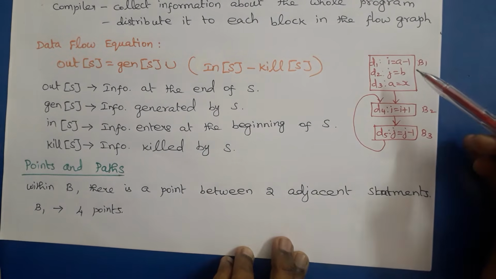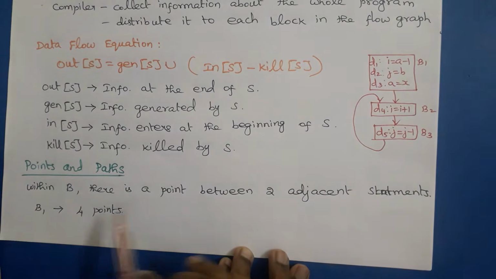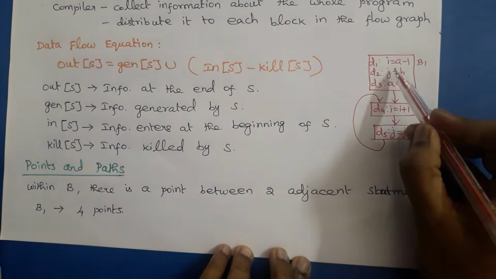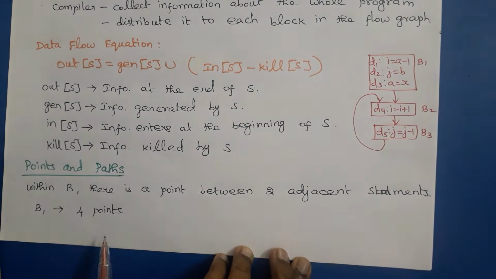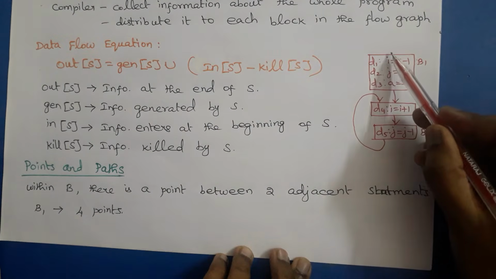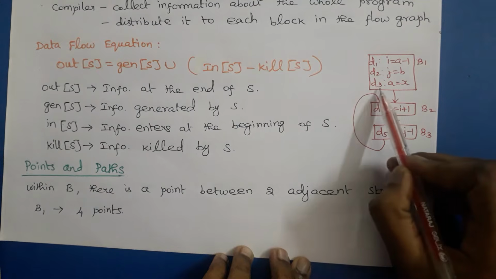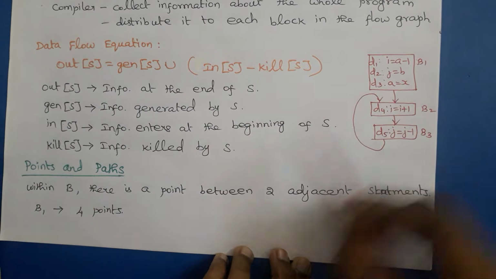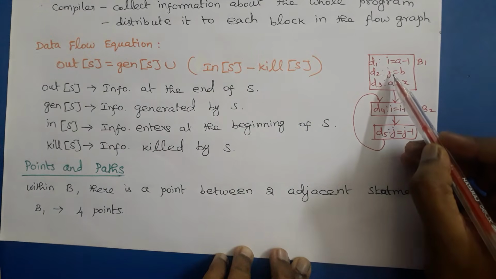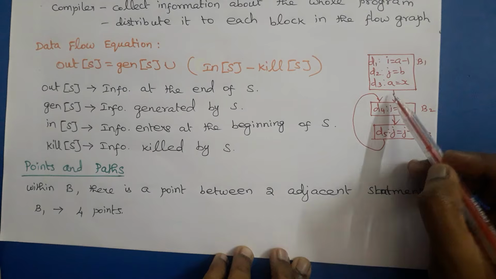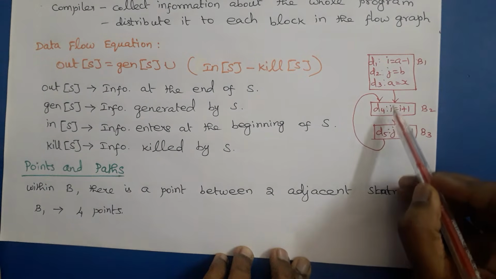B1 has three statements, so there is a point between two adjacent statements, here and here. But B1 has 4 points, because before D1 there must be a point, and after D3 also a point. So totally 4 points: before D1, between D1 and D2, between D2 and D3, and finally after D3. So there are 4 points in block B1. Similarly, in block B2 there are 2 points.